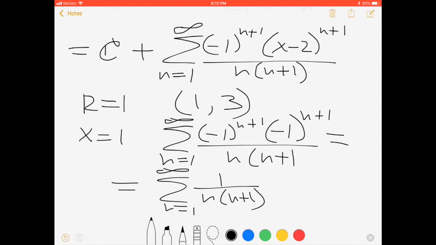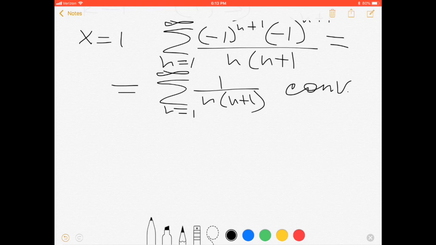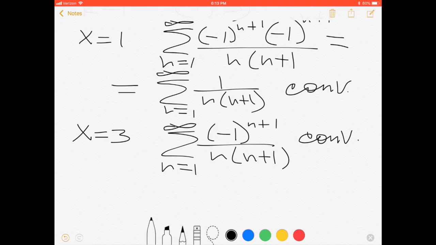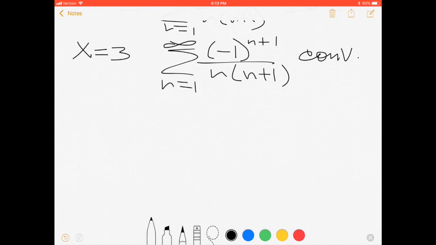I think we studied this kind of series, and this will converge. Use the limit comparison test with the p-series 1 over n squared. If x equal 3, you have the series negative 1 to the power n plus 1 over n times (n plus 1), from 1 to infinity, which converges. This means here we have a series which converges on the closed interval 1 to 3. And we're solving our problem.